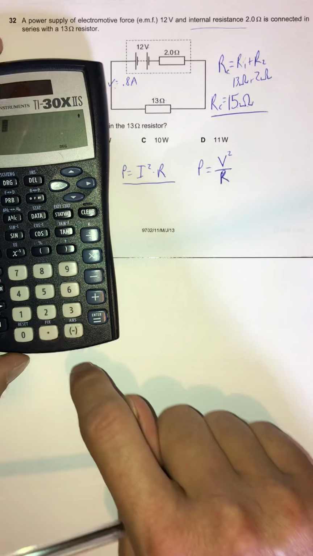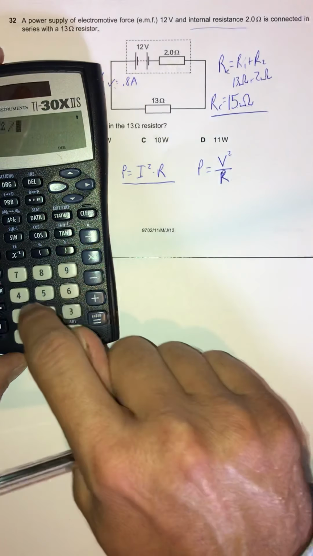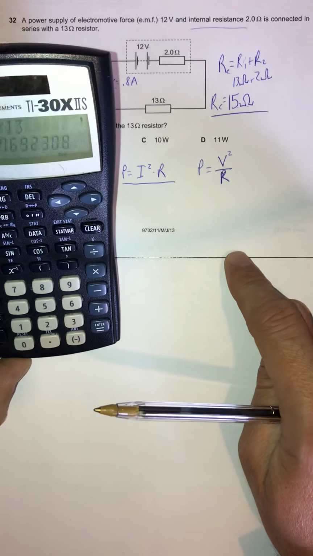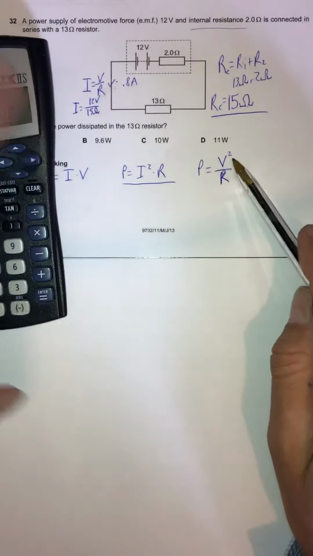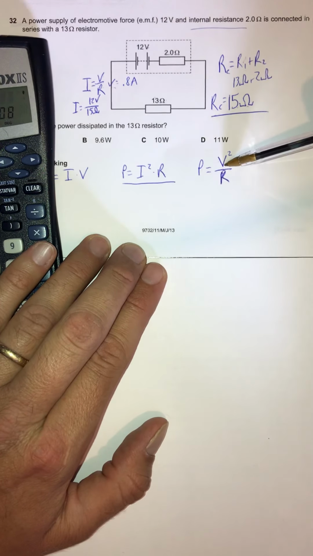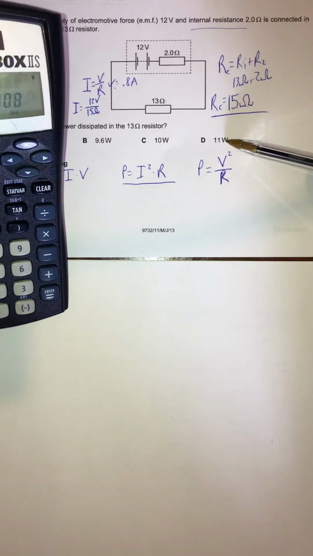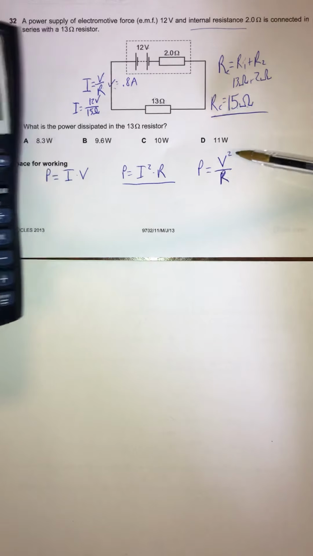Might capture our misunderstanding. So 12 squared divided by 13, well, that gives us 11.07. And so students that just incorrectly substitute these values into this equation, yeah, they knew the equation, but they're going to get the wrong answer to the question. They calculate it as 11 and choose D, which is not the correct answer, right?